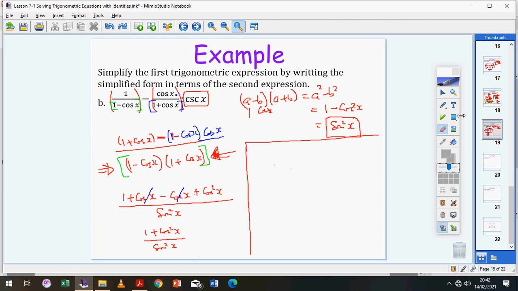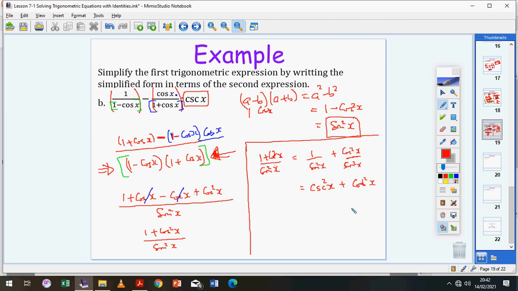So instead of 1 plus cosine squared x divided by sine squared x, I have 1 out of sine squared x plus cosine squared x out of sine squared x. Now, 1 divided by sine squared x is the same thing as cosecant squared x, and cos squared x divided by sine squared x is the same thing as cotangent squared x.